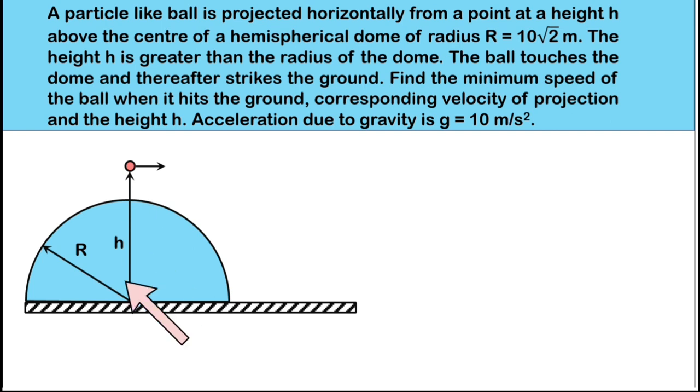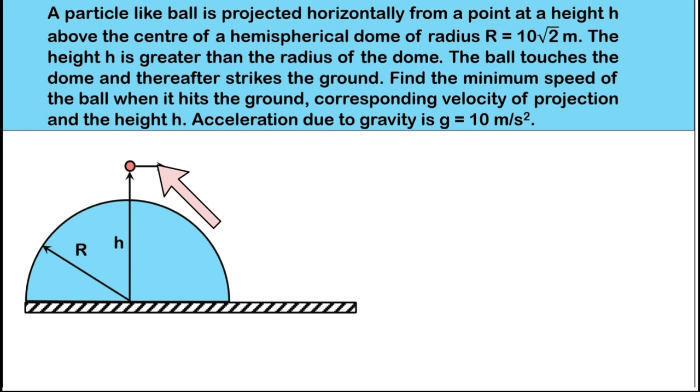So you can adjust this value of h and the velocity here that was given so that it reaches with the minimum speed, right? So just applying the conservation of mechanical energy, you can say that if the velocity of this ball after reaching the ground has to be minimum, that means the initial velocity that was given in the horizontal direction has also to be the minimum, right?